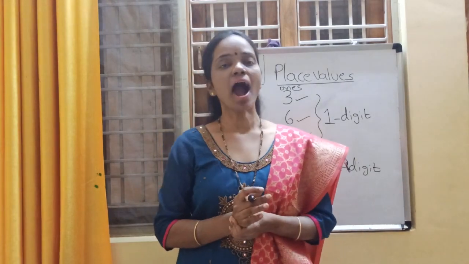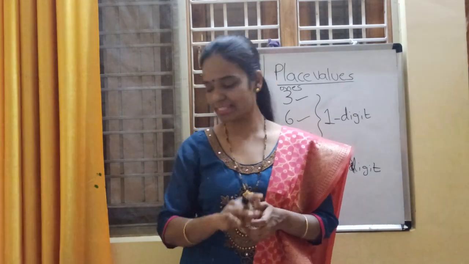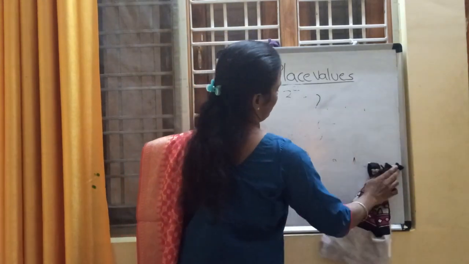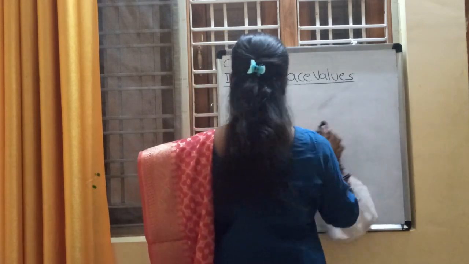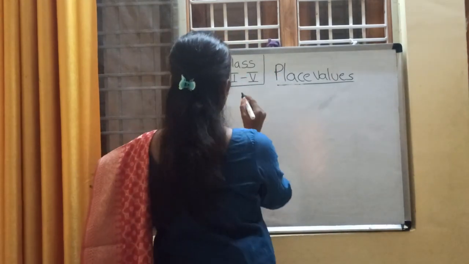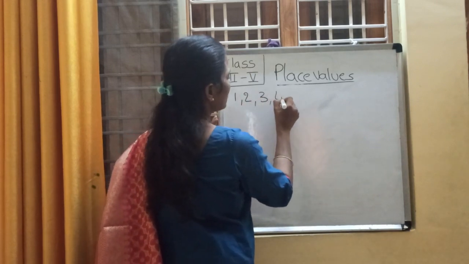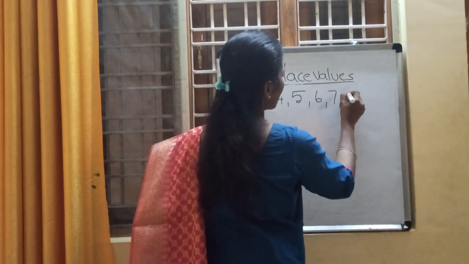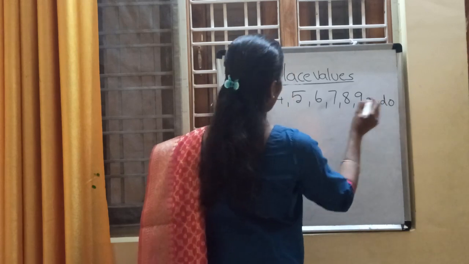Children, tell me, how many one digit numbers are there? Yes, you are right. I will write on the board, children. 1, 2, 3, 4, 5, 6, 7, 8, 9 and 0.